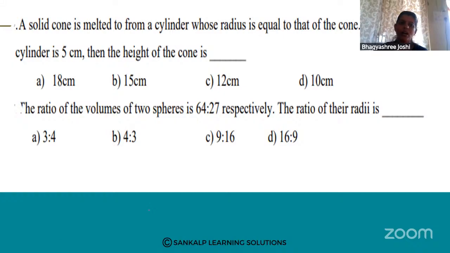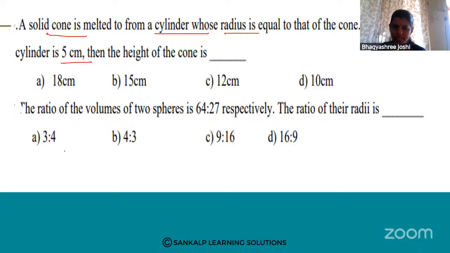So next one, a solid cone is melted to form a cylinder whose radius is equal to that of the cone. Yes, a cone is melted to form a cylinder, remember, whose radius is equal to that of the cone. If the height of the cylinder is 5 centimeter, then the height of the cone is, okay. So here also, cone is converted into cylinder.